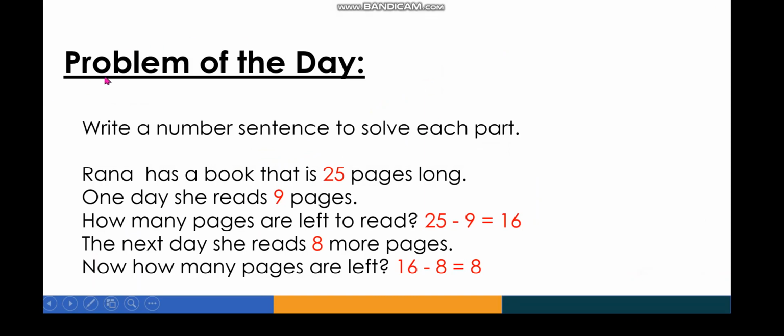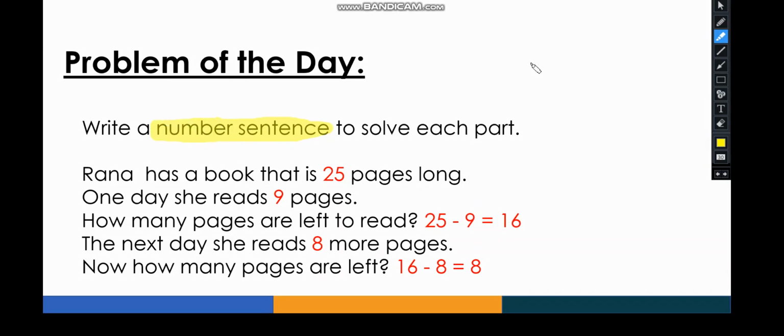Now, this is our problem of the day. Write a number sentence to solve each part. Remember, if I have number sentence to solve a problem in problem solving, I have 3 steps. Who remember? Yes, first one is understand. This is number 1.